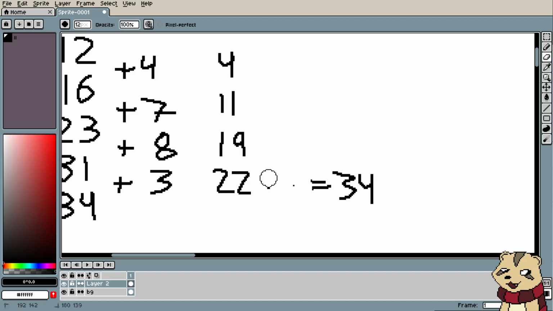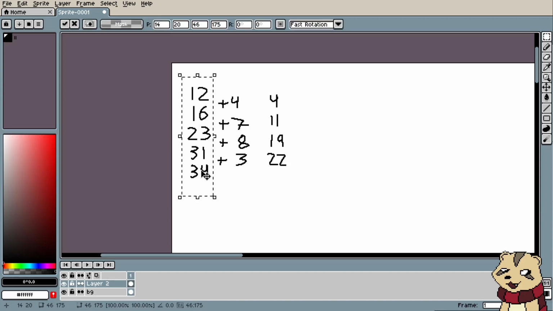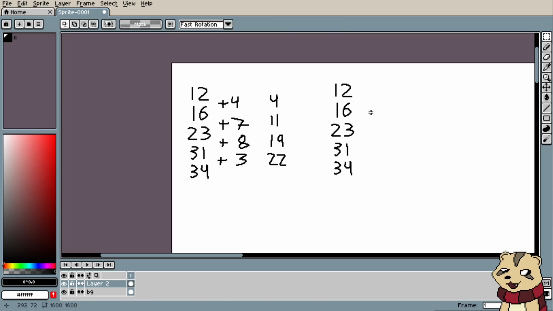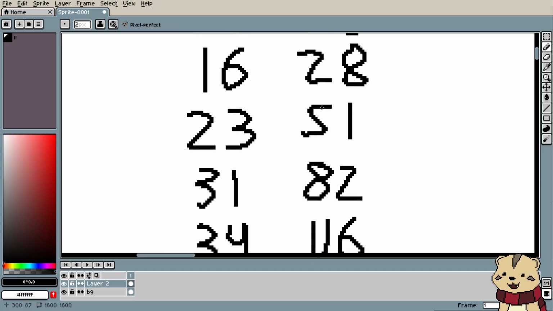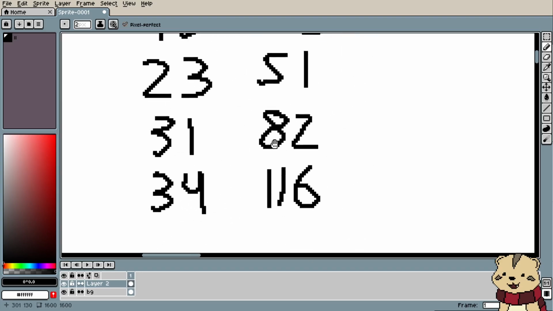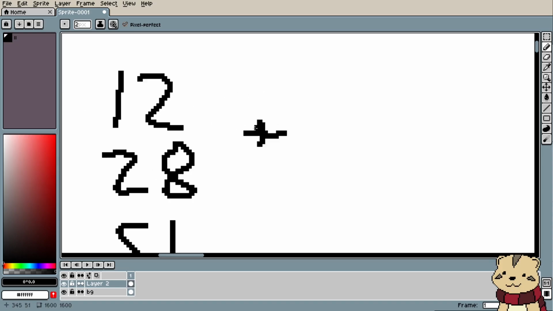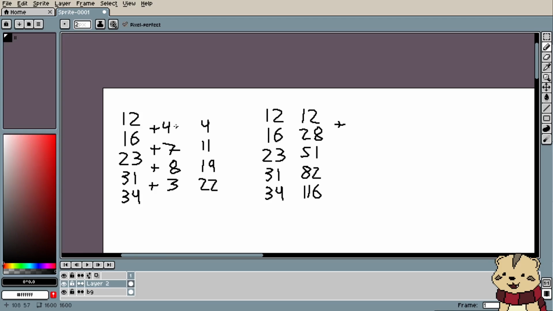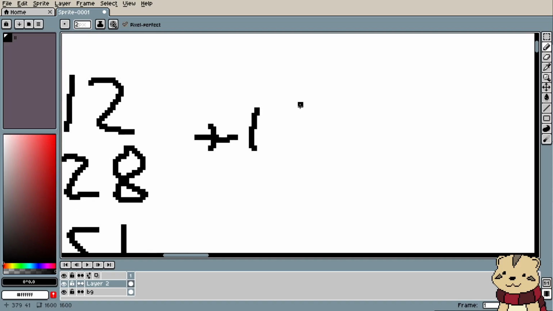And to illustrate what this differentiating and then integration thing is, let me try doing it the other way. These are the sums. So plus 16 is 28, plus 23 is 51, plus 31 is 82, etc. And now I'm going to take the change of these sums. So now instead of differences then sums, I'm going to go sums, then differences, and we're going to see what happens.